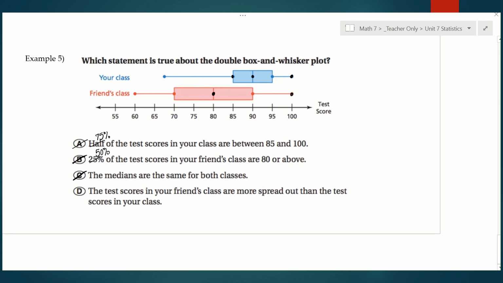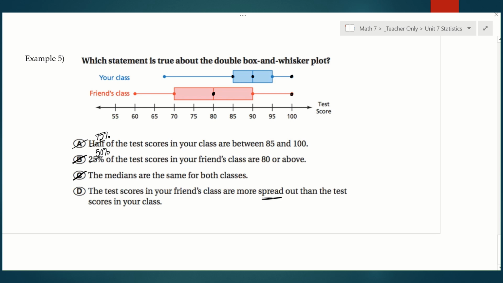The test scores in your friend's class are more spread out than the test scores in your class. So when you're talking about spread, what that's referring to is that consistency. So you're looking at the ranges, and what you can see is that for both classes, the highest score was a 100, but the lowest scores are different, which means the range for your friend's class is bigger than the range for your class.